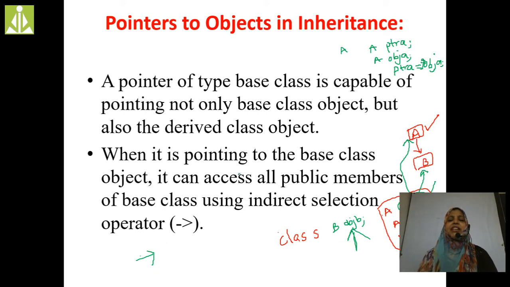In this example, A is the base class, right? By using this ptrA pointer variable, I can access the public data members of my base class, right?